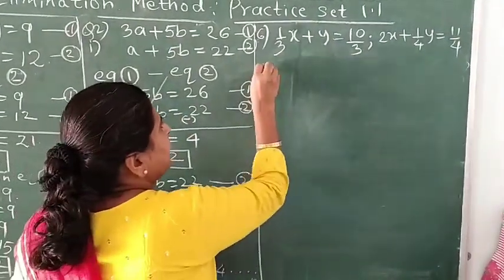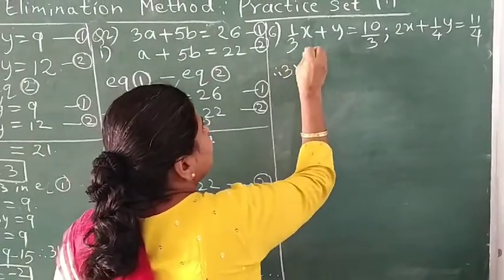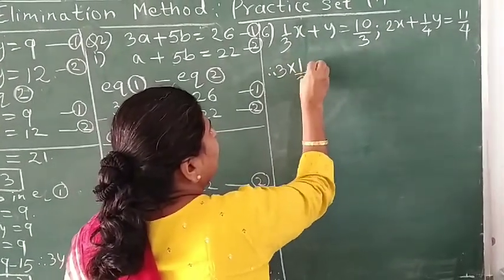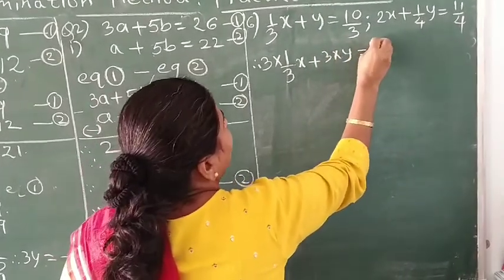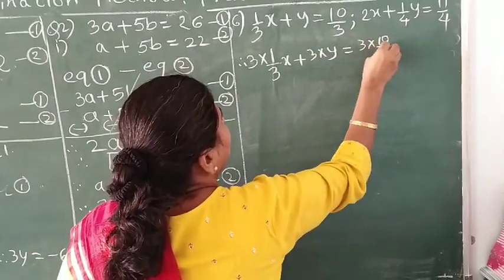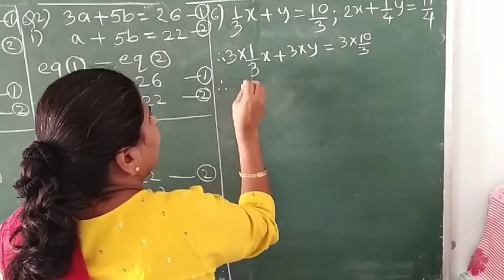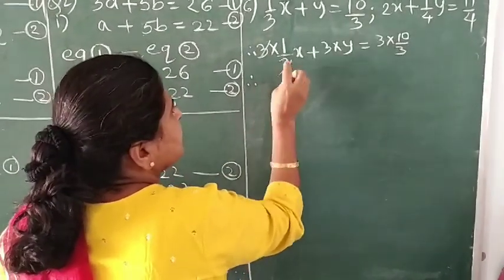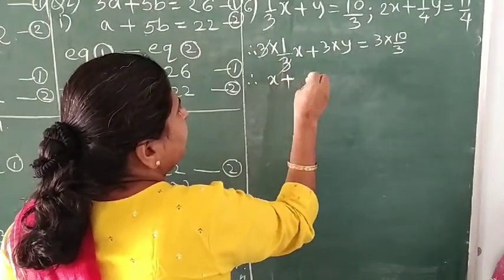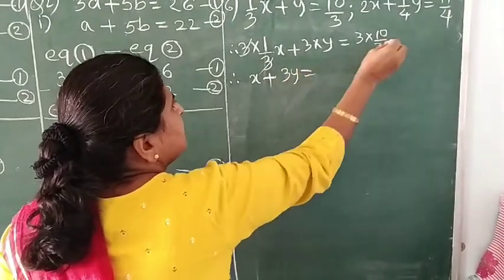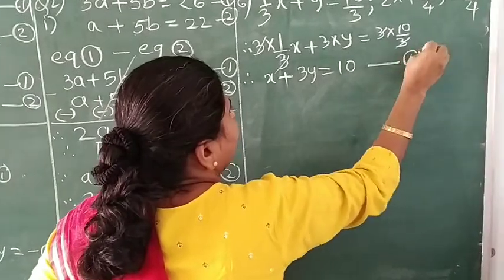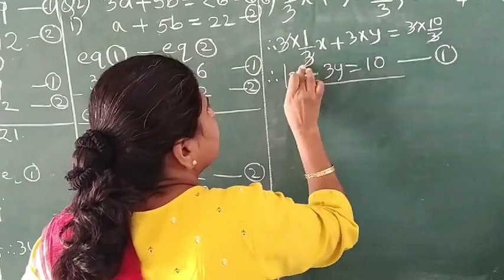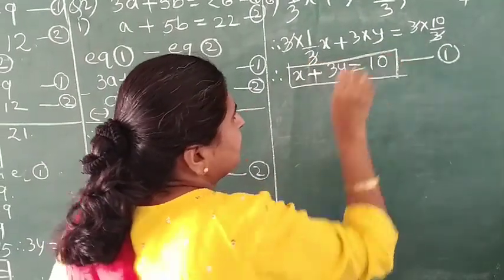If we multiply the first equation by 3, so 3 into 1 upon 3 x plus 3 into y is equal to 3 into 10 upon 3. Okay, and therefore this 3 gets cancelled, 1x that is x, plus 3y, this 3 gets cancelled, is equal to 10. Let's say this is equation number 1, which is derived by us.